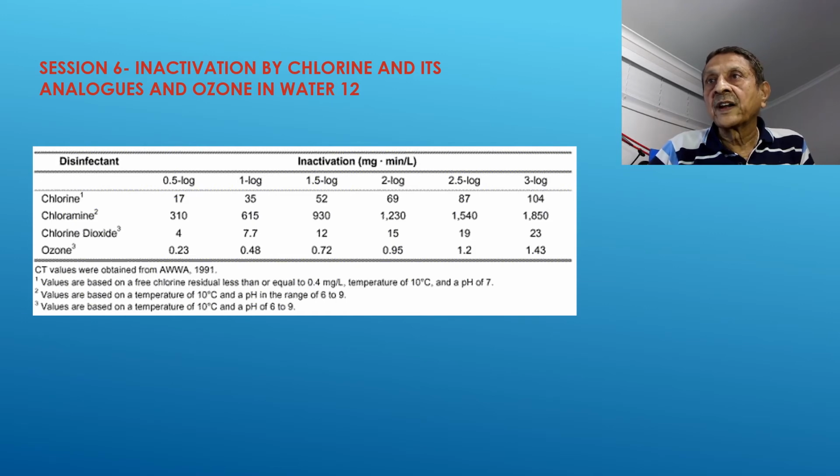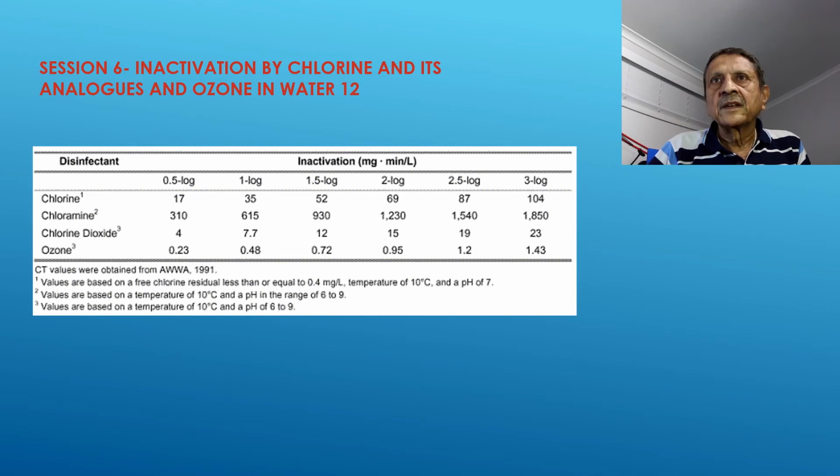And between 1 log and 2 log is 100 times, etc. So if we look at 0.45 log inactivation, you find that if it is chlorine, you need 17 milligrams per minute per liter. Chloramine, 310 milligrams per minute per liter.